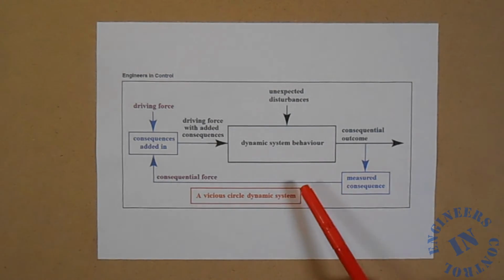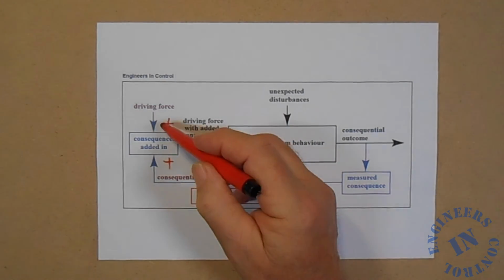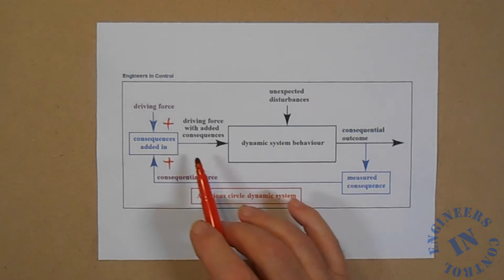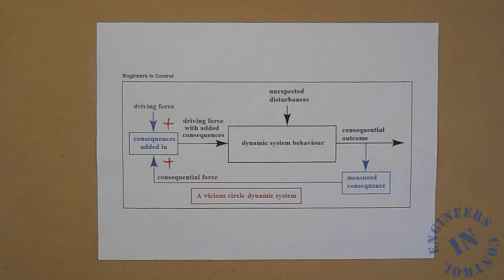So if we make the feedback positive, so if that's positive and that's positive, what happens is that these two add together and it drives it, and then they add together some more and drives it and drives it, and the thing goes absolutely way out of control. What we get is runaway inflation. This is the classic vicious circle, and that's really a better way of describing, I think, the vicious circle.